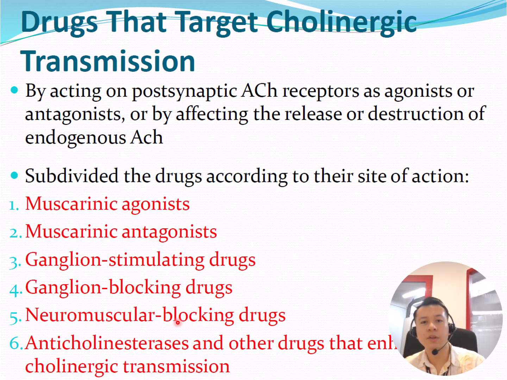Perhaps most importantly, some drugs can interfere with acetylcholine, and we call these anti-cholinesterases. They inhibit the breakdown of acetylcholine and can prolong its actions. This is part of a strategy for treating some diseases, for example Alzheimer's disease.